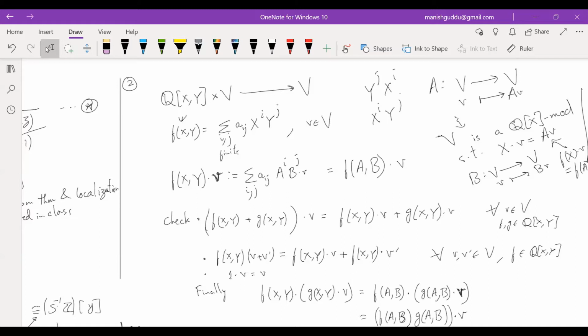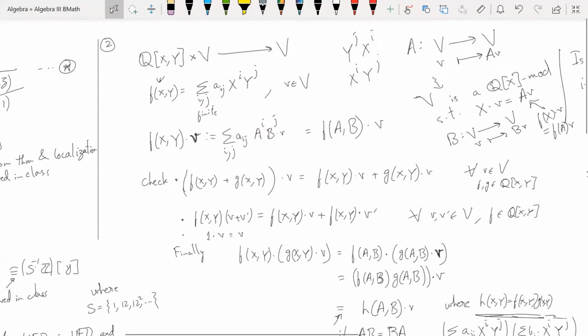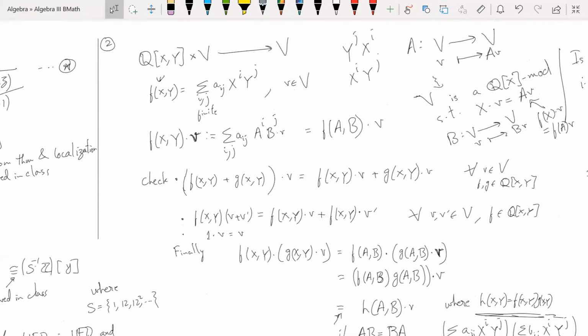You don't really need AB equals BA to define this scalar multiplication. So even if something is given like this, you just write it this way, and then this is what the definition is.